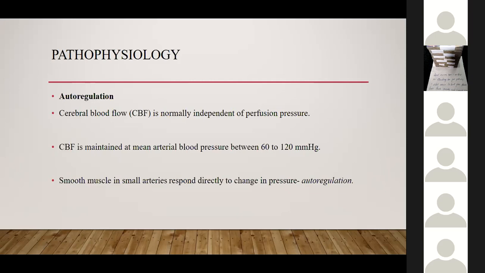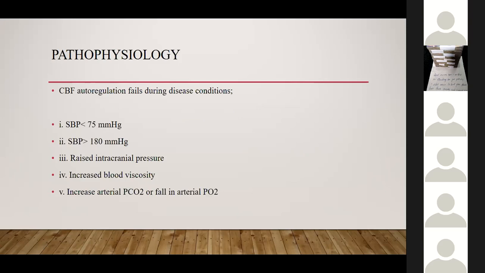However, you could develop some conditions which would impair autoregulation. So if you, by any means or by any chance, go into shock where your systolic blood pressure starts falling below 75, okay? Or your BP goes so high, like the case study we saw, where systolic blood pressure was above 180. These two things would actually affect the principle of autoregulation.